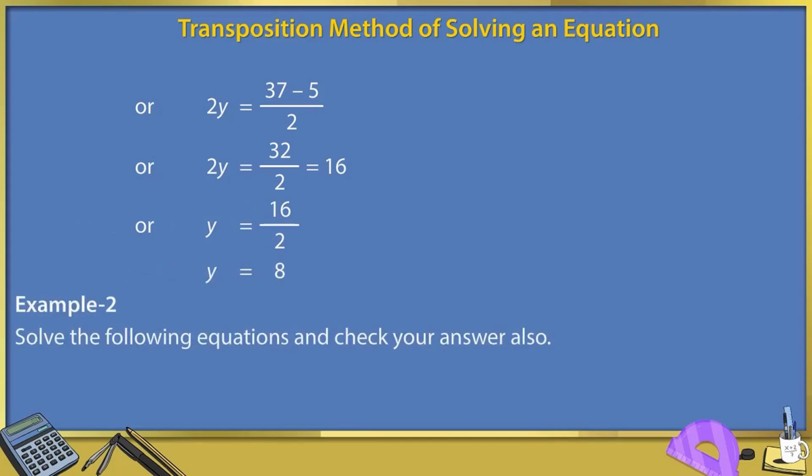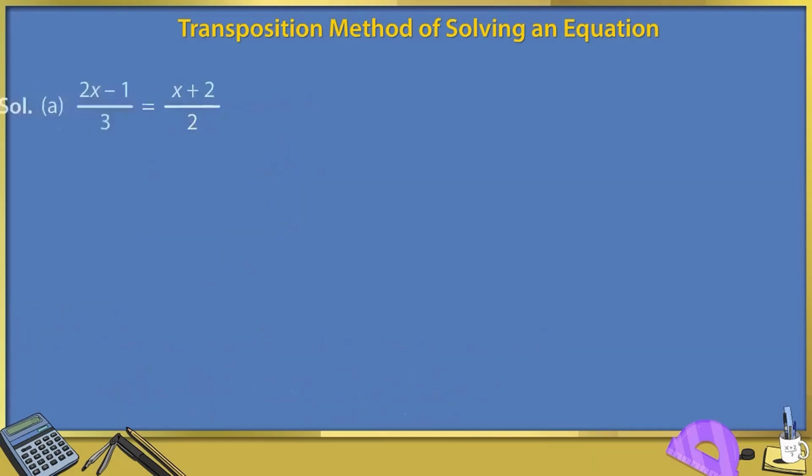Example 2. Solve the following equations and check your answer also. A. 2x minus 1 by 3 is equal to x plus 2 by 2. B. x by 6 plus 5 is equal to x by 3 plus 2. A. 2x minus 1 by 3 is equal to x plus 2 by 2.